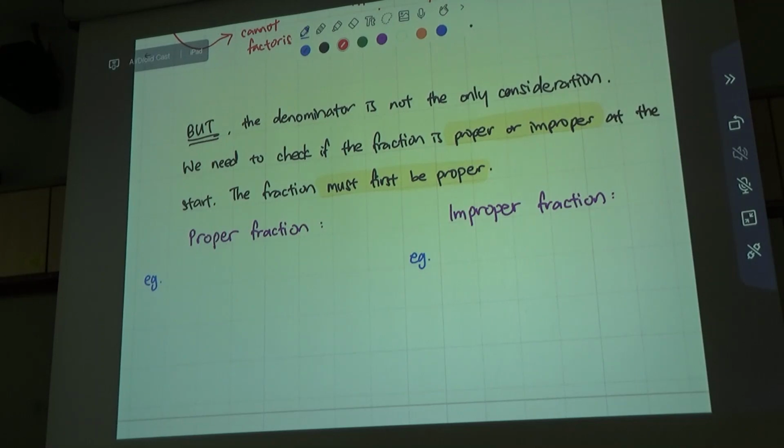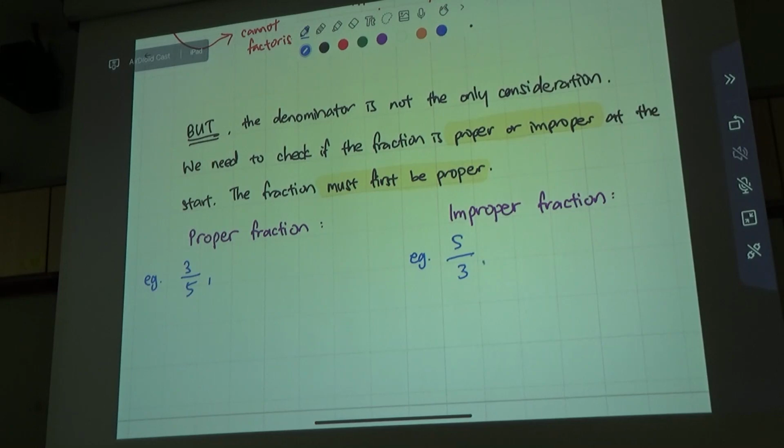Give me an example of a proper fraction. 3 over 5. Okay, any other example? 5 over 3. That's improper. Okay, 5 over 3 is improper.